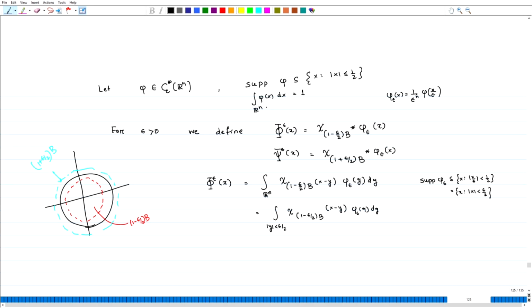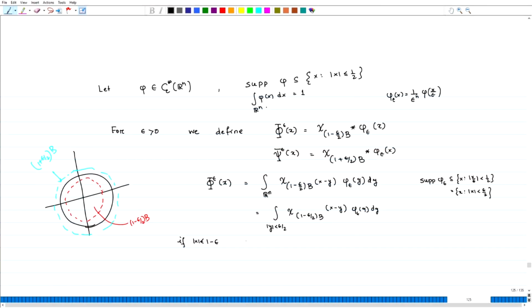As you can see, if mod x is less than 1 minus epsilon, then x minus y is going to be inside the ball of radius (1 minus epsilon) by 2. That gives me 1, and then the integral of phi is equal to 1. Therefore, the integral of phi epsilon is also going to be 1.